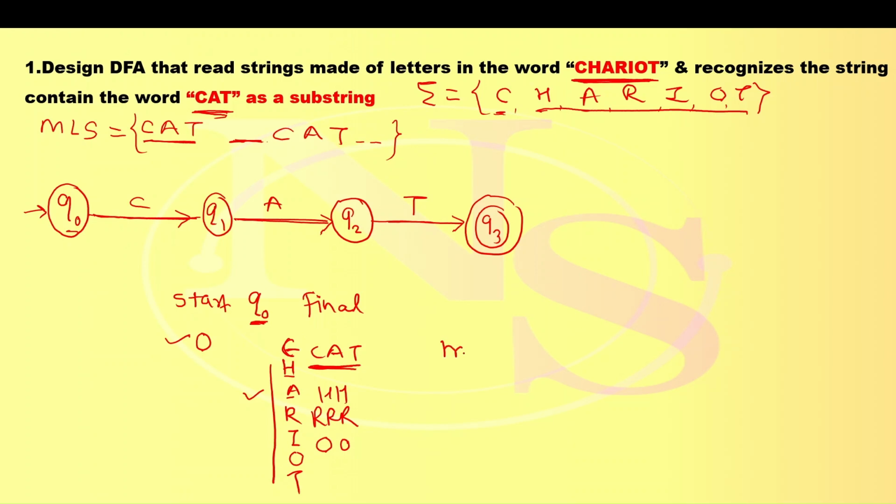So when I say may come or may not come, if it is coming, it may come multiple times, and if it is not coming, that is 0 times. So the scenario is of 0 or many, for all these symbols H, A, R, I, O, T. Any type of symbol may come or may not come, but after that CAT has to be read. So it's not going to affect or change our main condition.